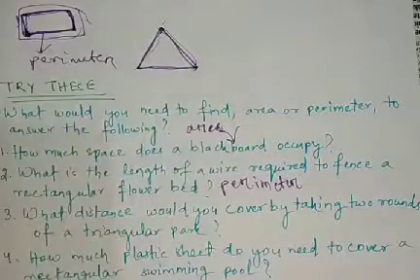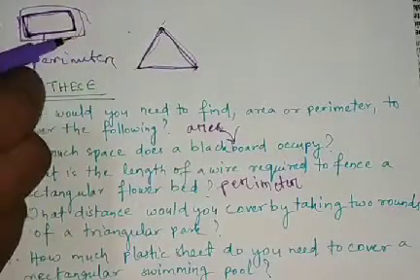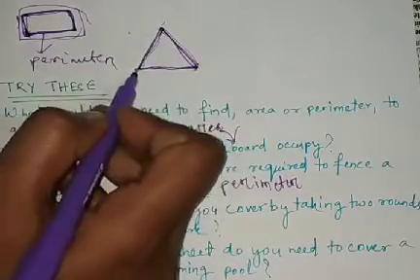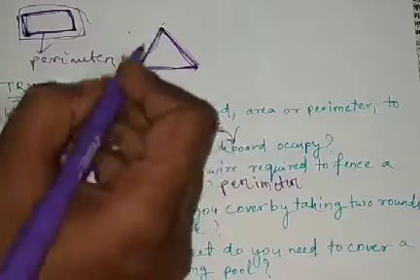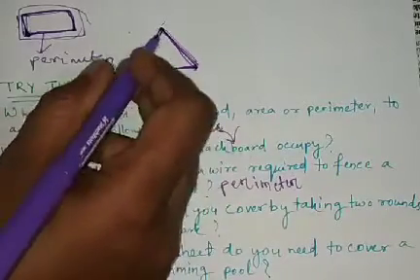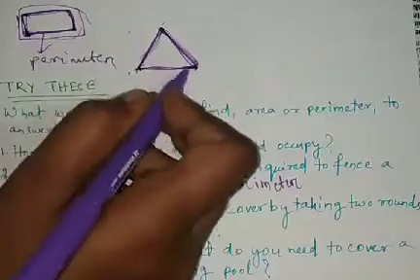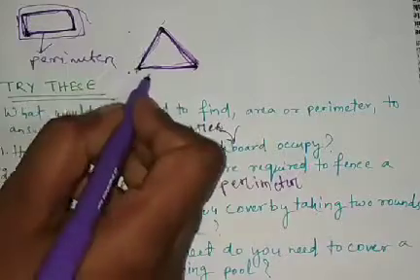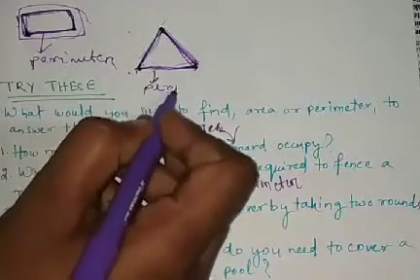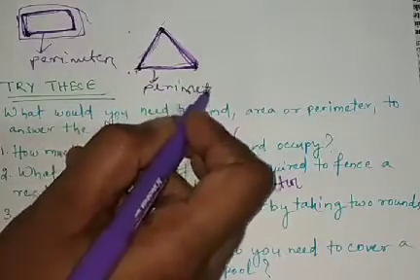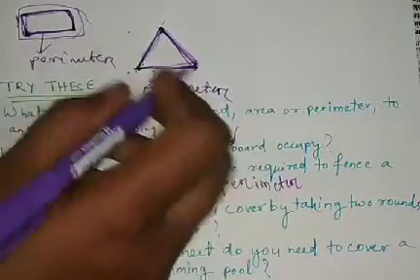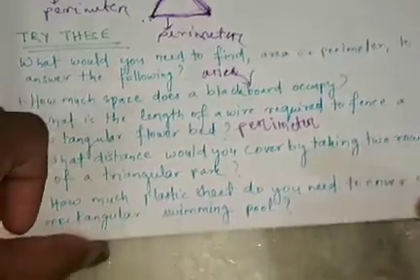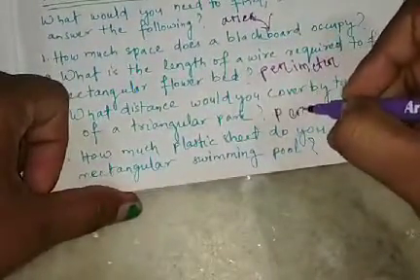So first you run like this, first round, then you take the second round. In this rounding you are covering the distance around this closed figure. So here you need perimeter, because you are asking for the surrounding. So the answer is perimeter.